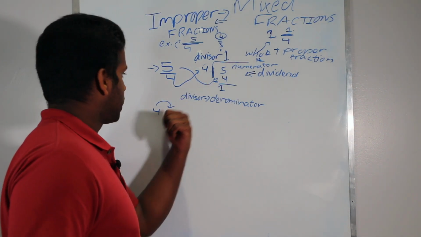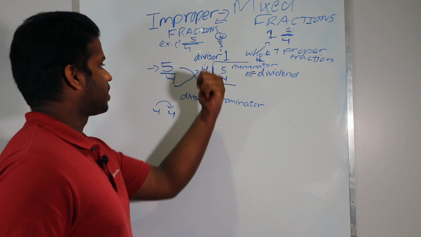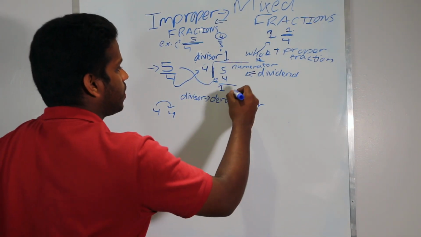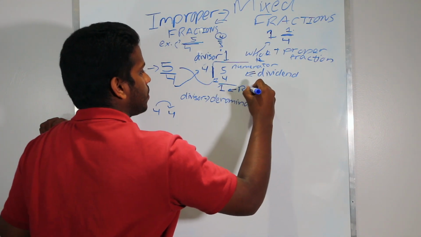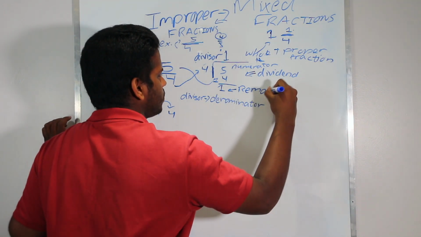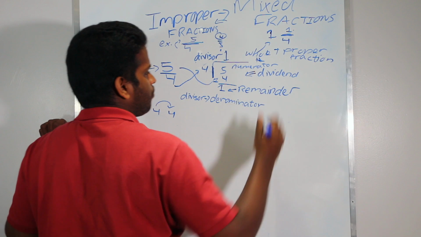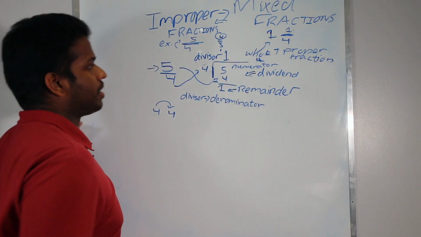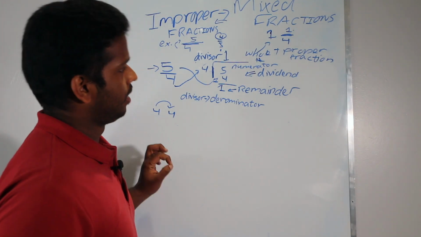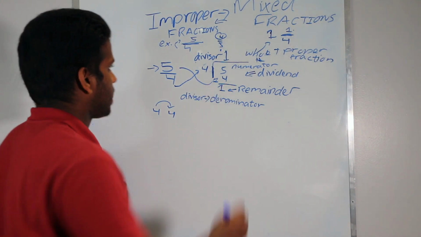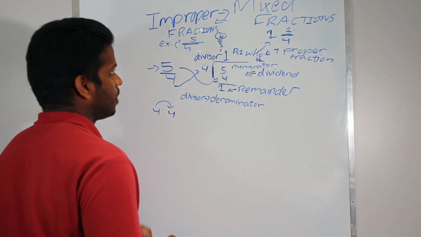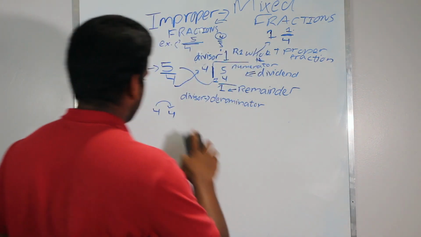Since the number here is smaller than our divisor, it would be considered as a remainder. So 1, remainder 1. See how that came here?